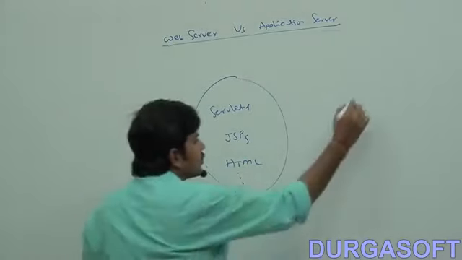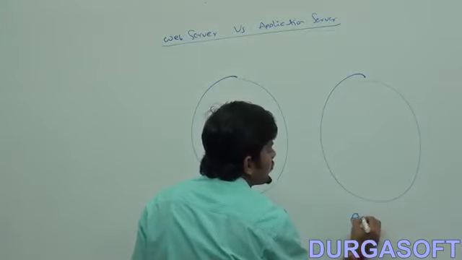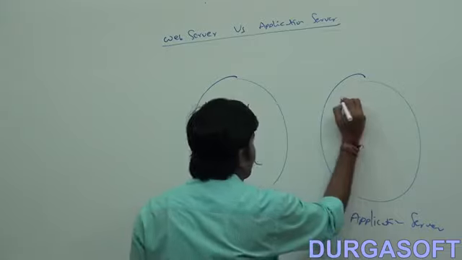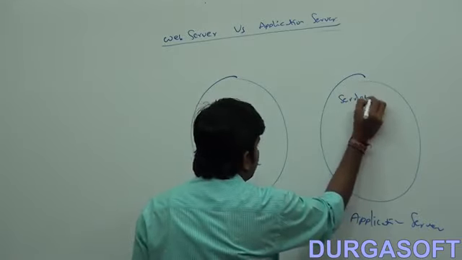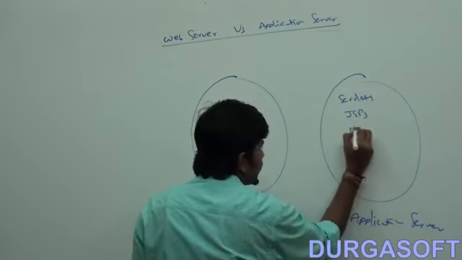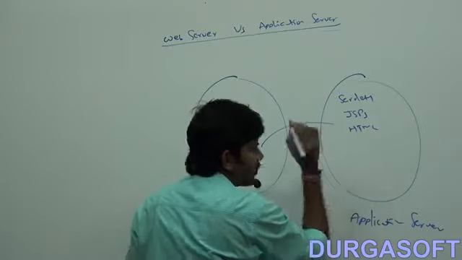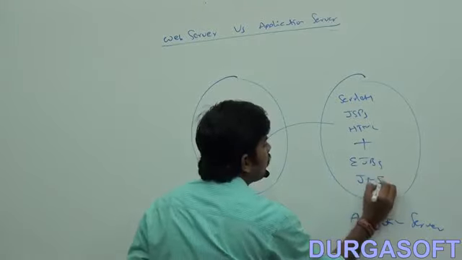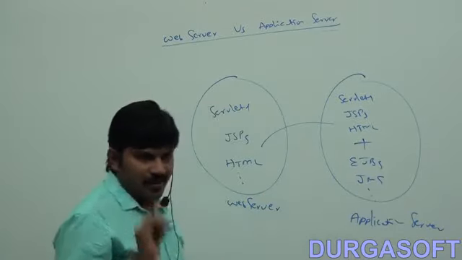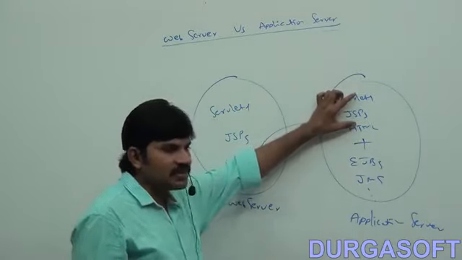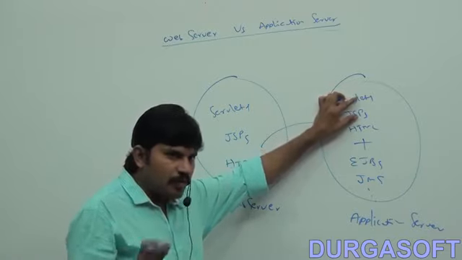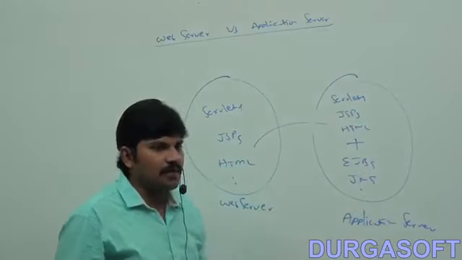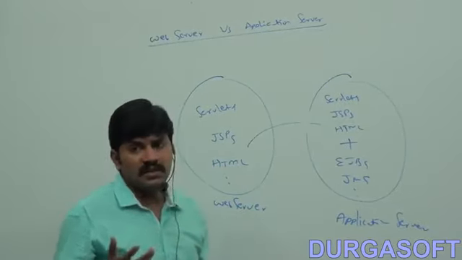Next, an application server can provide support for servlets, JSPs, HTML, all these things, plus EJBs and JMS components. Now my question is: servlets and JSPs are supported by the web server, and servlets and JSPs are supported by the application server. How is this happening?